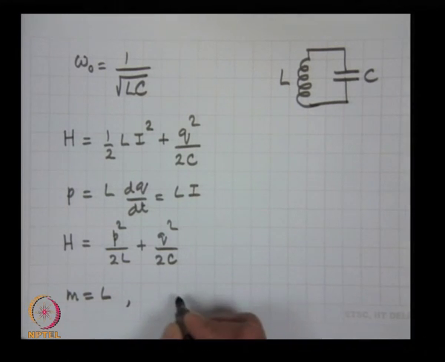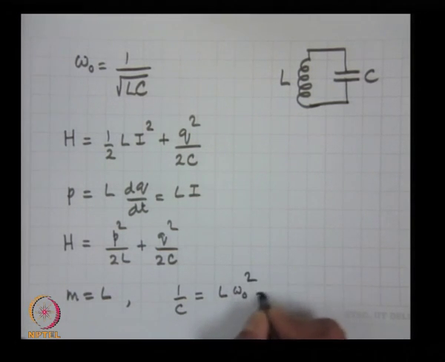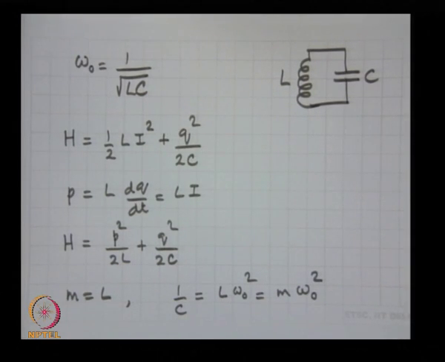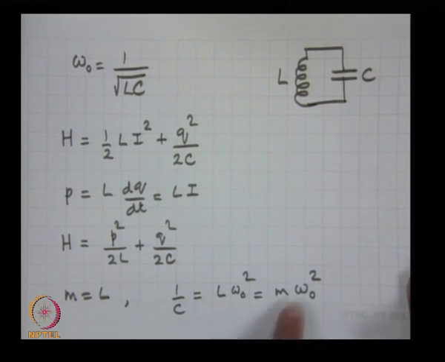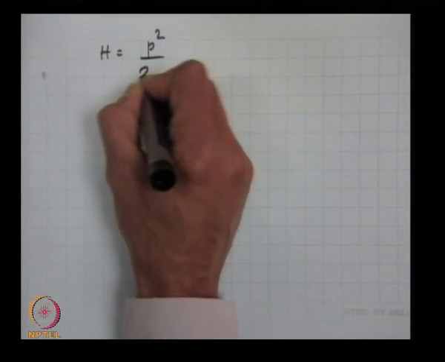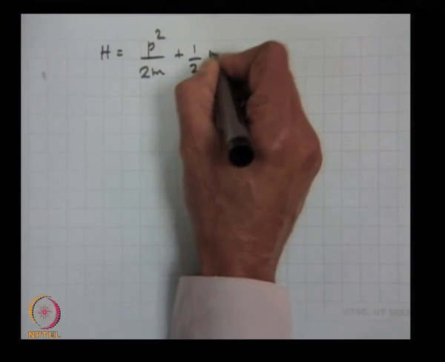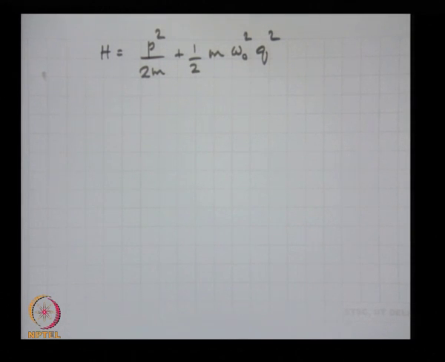So what about 1 by C? 1 by C becomes L omega naught square, which is equal to m omega naught square. m is nothing but the inductance here. So substituting the value of m and 1 by C here, the Hamiltonian simply becomes p square by 2m plus half m omega naught square q square. It's very similar to the harmonic oscillator.